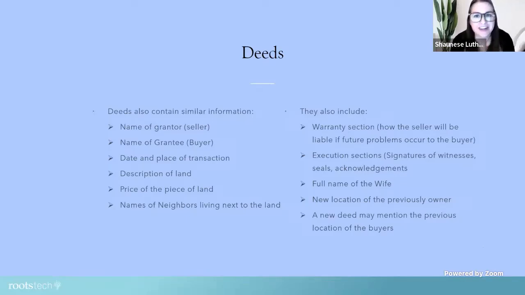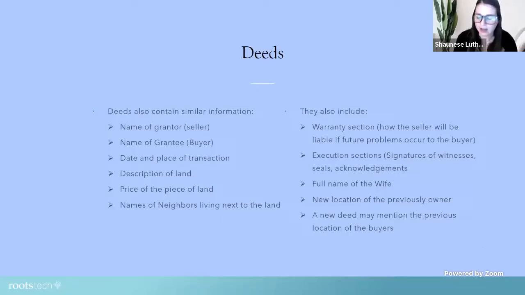So when I mentioned land records, I was thinking deeds. So yes, full name of the wife. It's on this. Then you have the new location of the previous owner. So where that owner is going next, which is incredible, because if you have lost track of your individual and he was the grantor selling his land, and it mentions, hey, I'm going to throw a name, James Long.